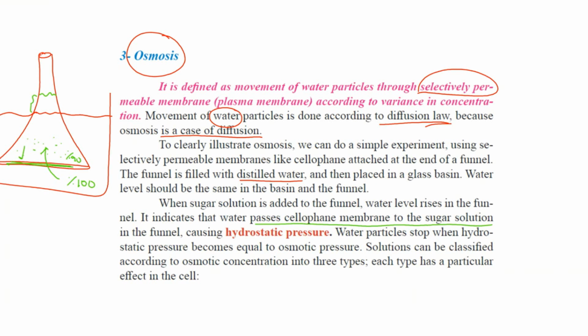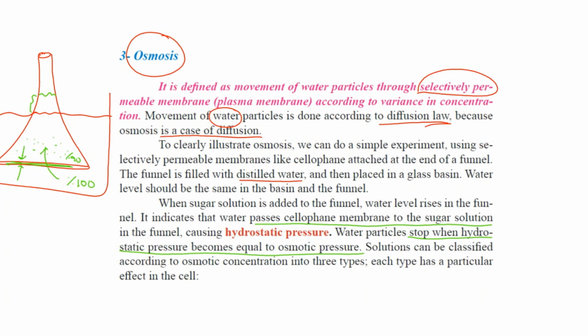There's an inner pressure of water on the membrane and one pressure from the environment. When these two pressures are the same, water passage in and out stops. So water particles stop when hydrostatic pressure becomes equal to osmotic pressure.